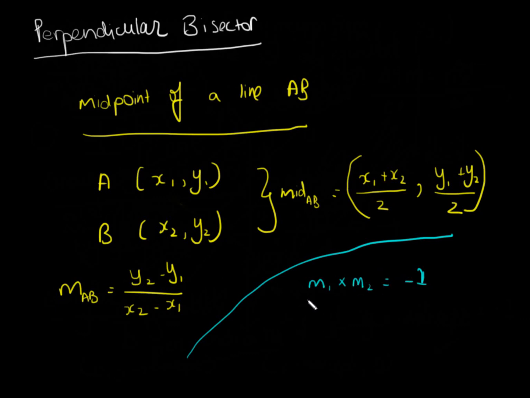So if we just put m of AB here times m2 equals -1, and we divide both sides by the gradient of AB, that would give us m2, the gradient of the perpendicular bisector, would equal -1 divided by the gradient of AB.